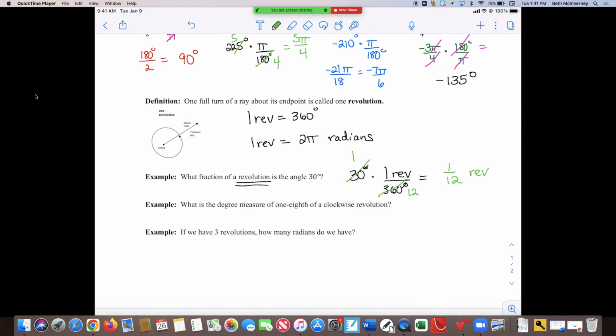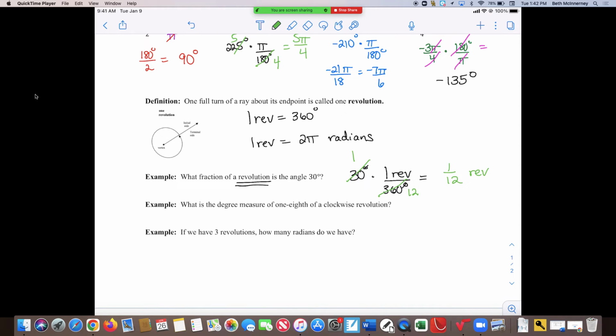That makes sense, right? 30 degrees, it's teeny tiny. Let's try to make a nice visual connection here. If I were 90 degrees, what part of a revolution is 90 degrees? 1/4, right? How many 30s are in 90? 3 times 4 is 12.